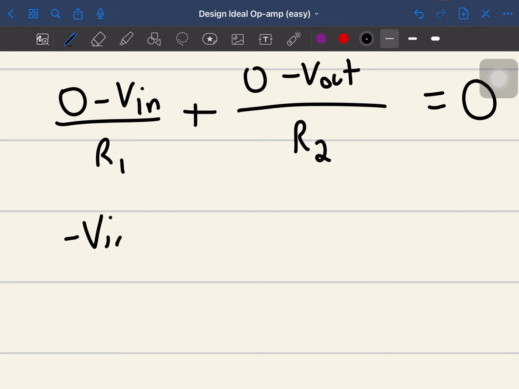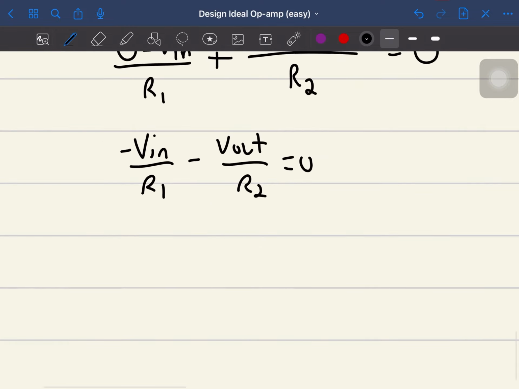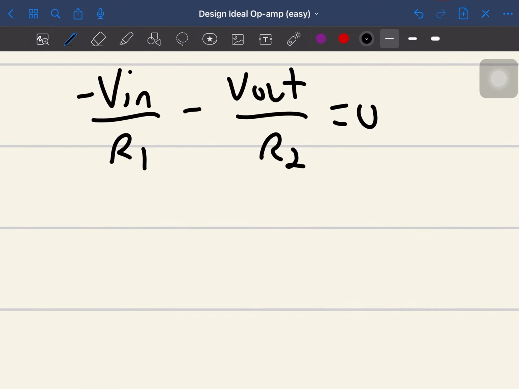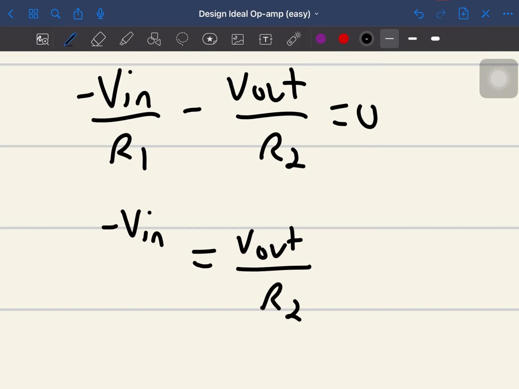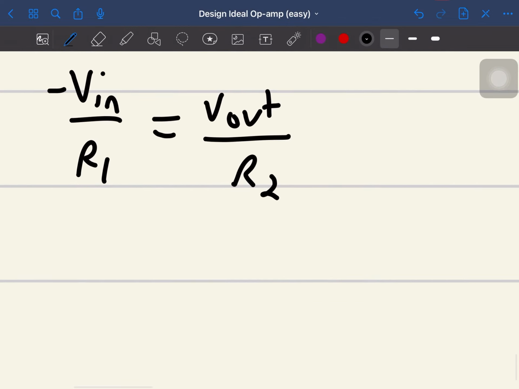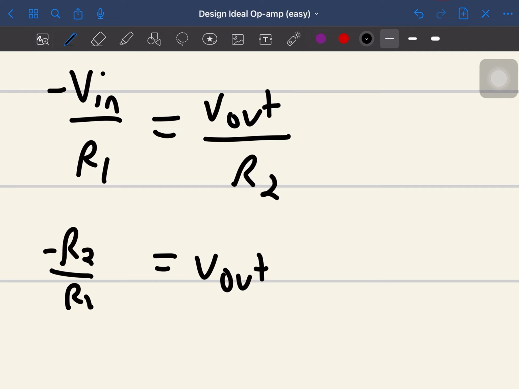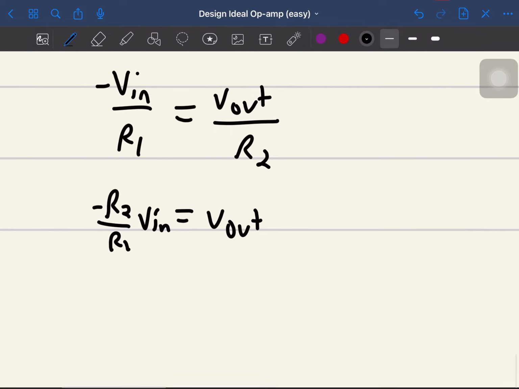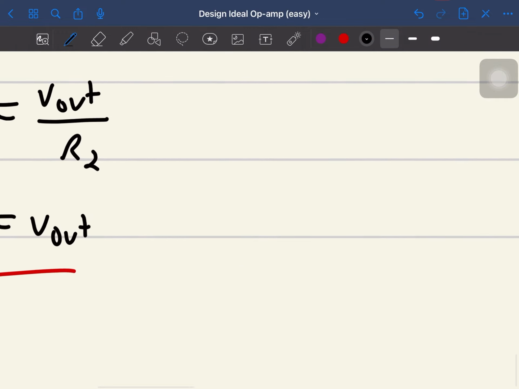So negative V in over R1 minus V out over R2 equals 0. And we're just going to put this whole term on this side. So V out over R2 equals negative V in over R1. Now we multiply both sides by R2. So V out equals negative R2 over R1 V in. And this is the equation for an inverting op amp.